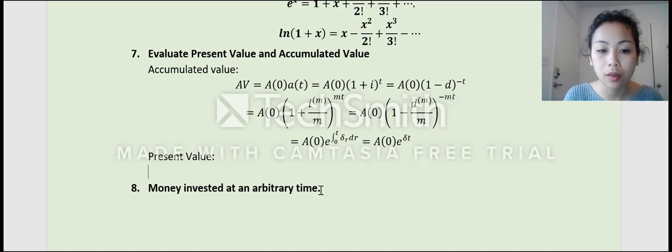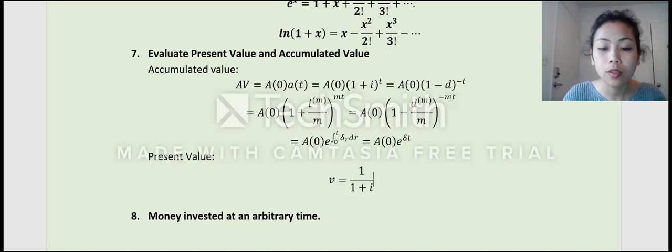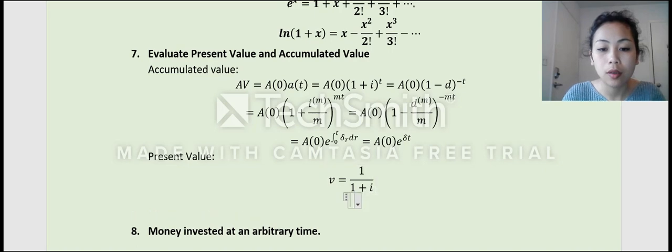Before we work on present value, I would like to include one formula here. That is v equal to 1 over 1 plus i. So we have present value equal to future value.